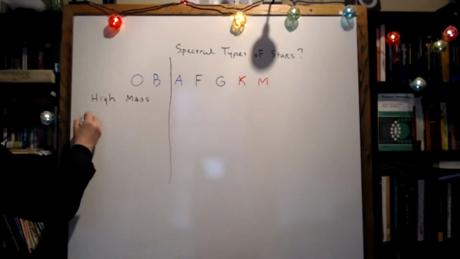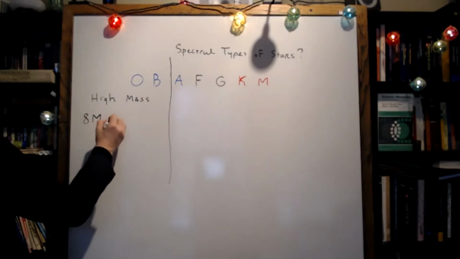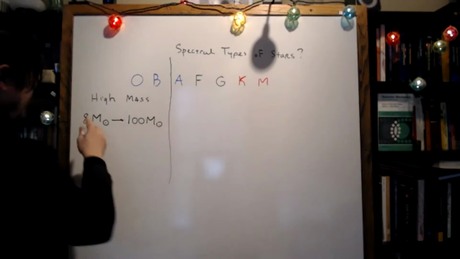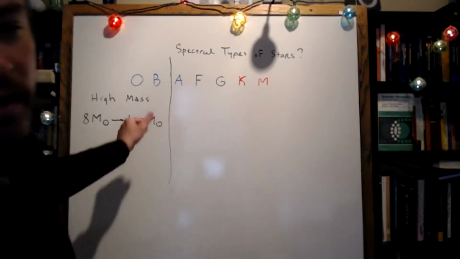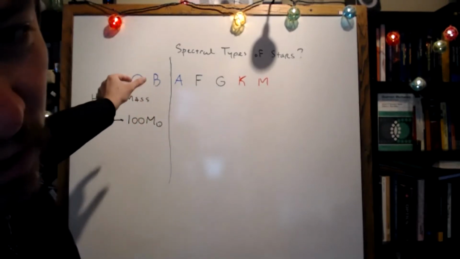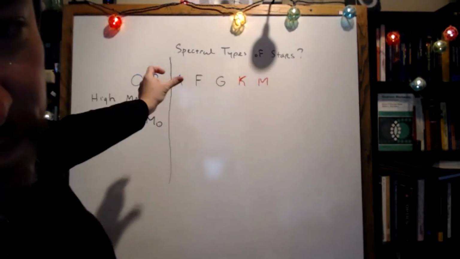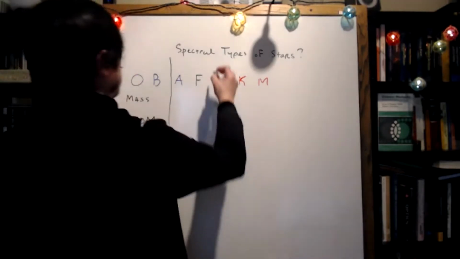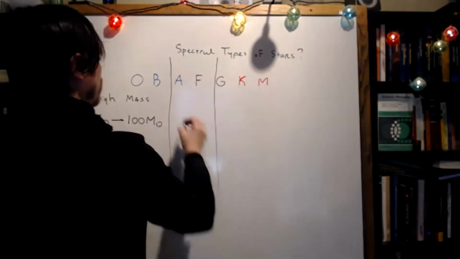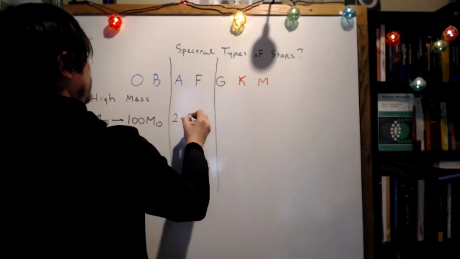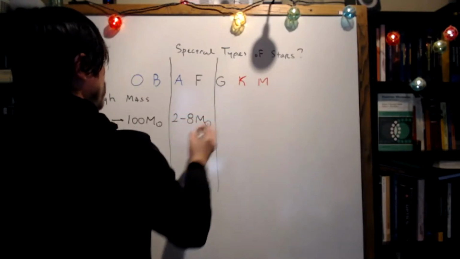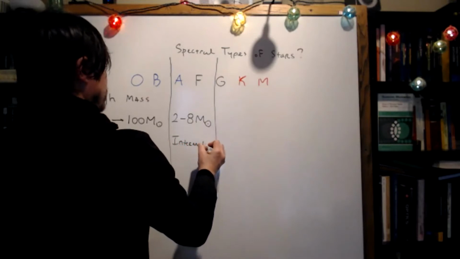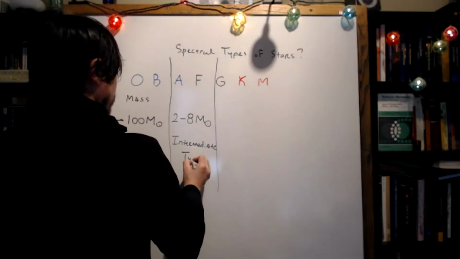And O and B types, as long as they're on the main sequence, of course, can have a range anywhere from 8 solar mass units up to about 100 solar mass units. Now, that's going to seem like a pretty big range, but it turns out that there are many fewer O and B type stars than there are of the lower spectral types. Stars that are like A and Fs, which run from 2 to 8 solar mass units, we refer to as intermediate type stars.